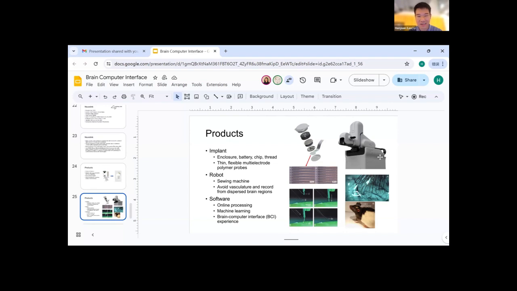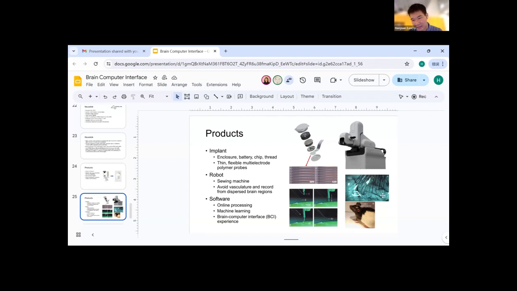So that's why they also developed a robot, which is kind of like a sewing machine, as shown in this figure. And you can see basically the process of how this robot works, how they sew this electrode into the cortex. And these robots can also avoid the vasculature and enable the electrodes to record from dispersed brain regions.